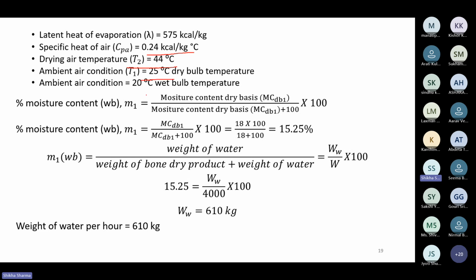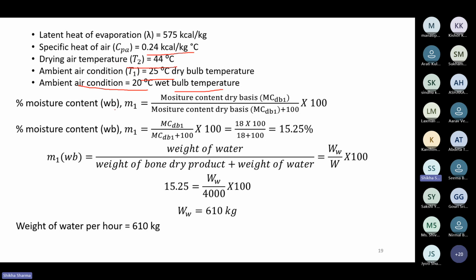Ambient air condition is 25 degrees Celsius dry bulb temperature and 20 degrees Celsius wet bulb temperature. These are given in the question. So first, if we have the moisture content, we can calculate the drying rate, how much water is being removed.